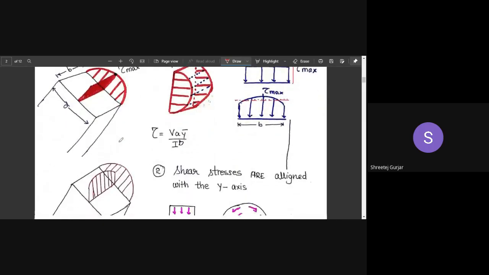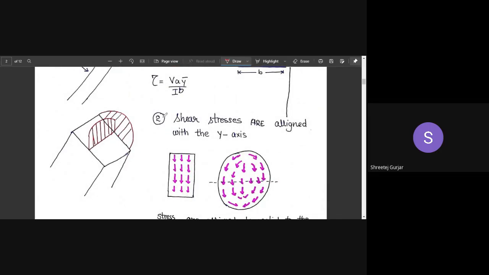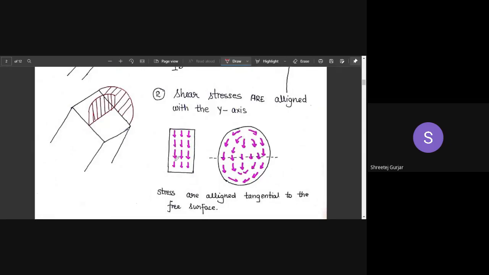Okay. Now coming to the second assumption, that shear stresses are aligned with the y-axis. Shear stresses, you can see in arrow marks I have drawn, are aligned along the y-axis, right? So this is an assumption. This is not always true. In the rectangular cross section, it is true, but it is not true in all the cross sections.